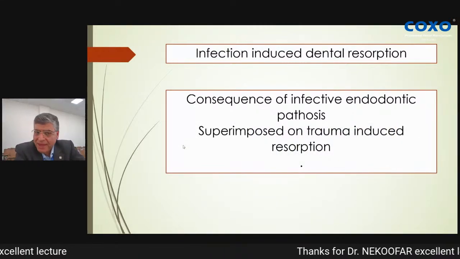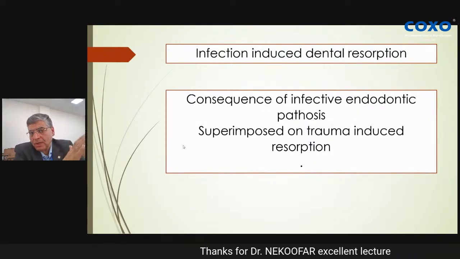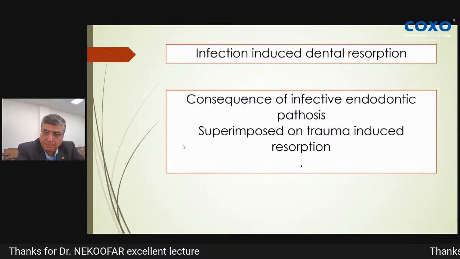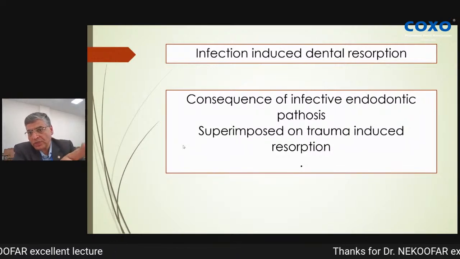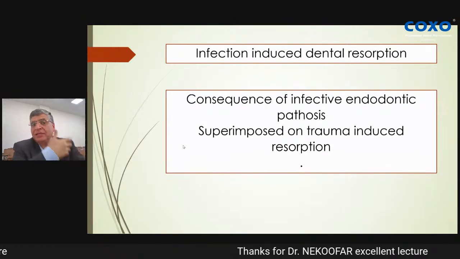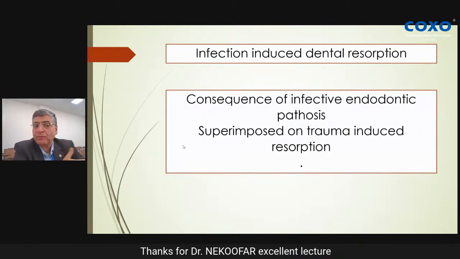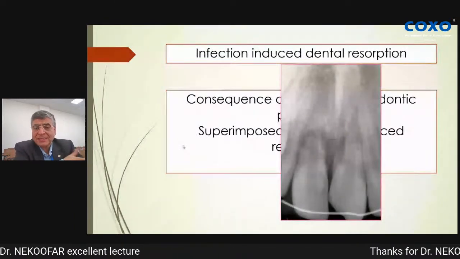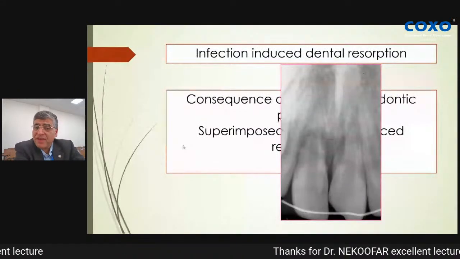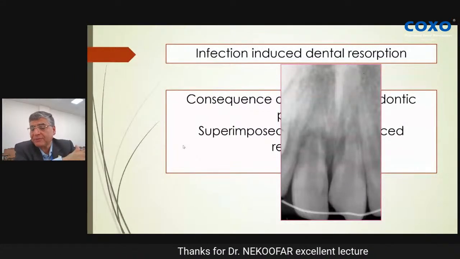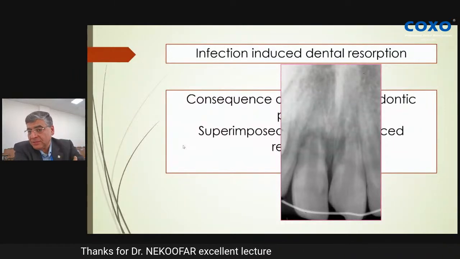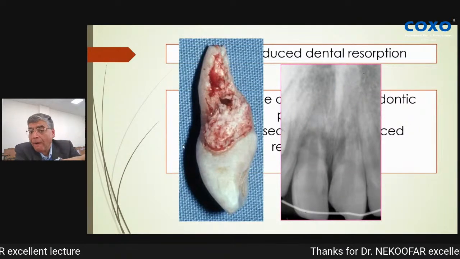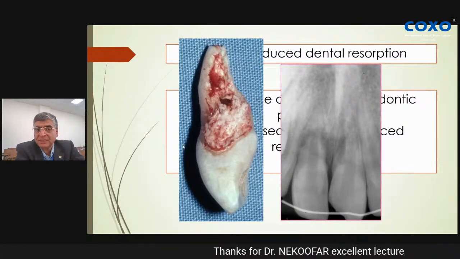Sometimes we may have a history of trauma, and then we have infective endodontic pathosis superimposed on trauma-induced resorption, and it is the time to make sure that we remove the source of the infection from the root canal completely. Otherwise, we have very extensive and very quickly progressive inflammation and resorption at the apical side, and we need to be very careful about the application of orthodontic movement in this type of case.